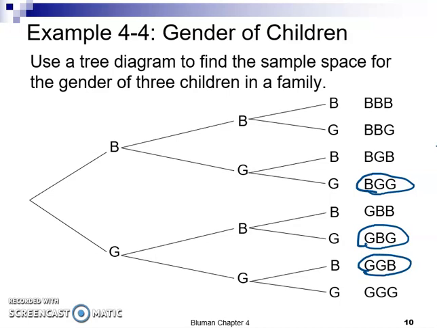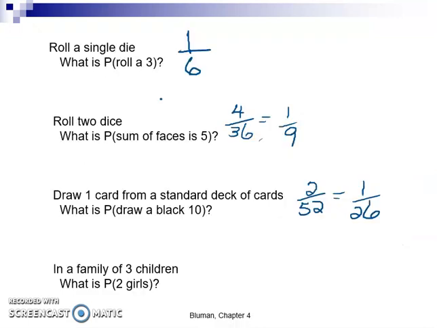And it didn't say at least 2 girls. It just said probability of 2 girls. So I don't want to include that. If it had said at least 2 girls, then I would. But I'm only going to use these 3. So going back to my question, I've got 3 outcomes that have 2 girls out of 8 total outcomes in a family of 3 children.